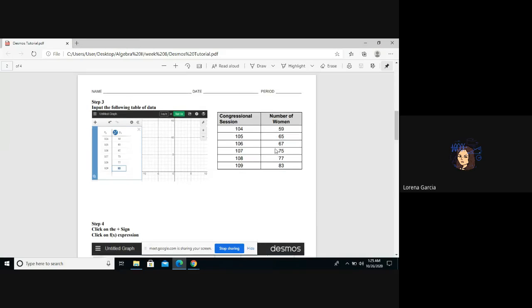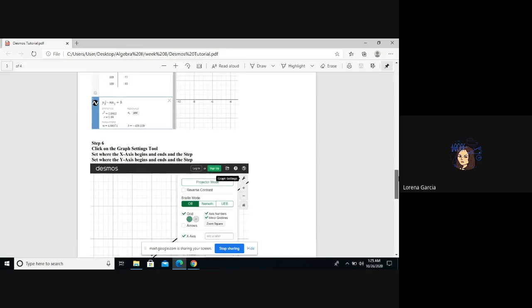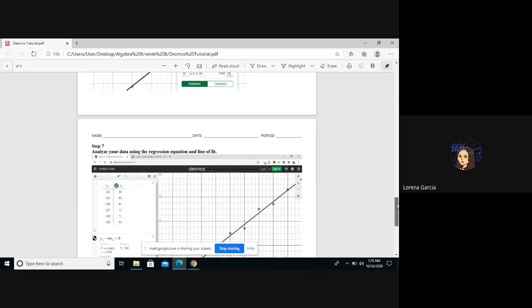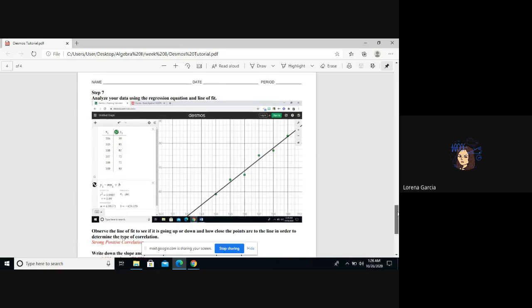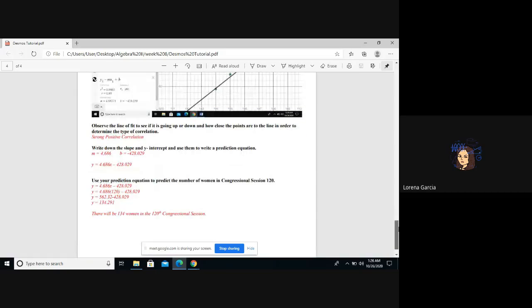It even has you practicing typing a different table of data in and coming up with the equation for that data. So right now, I would suggest that you go pull up the tutorial, that you use it to practice with the Desmos. That way, when it comes time for you to do your assignment, you're already good at plugging these in, and you'll just have to worry about looking at your data, determining if it's positive or negative, weak or strong, and writing those prediction equations.